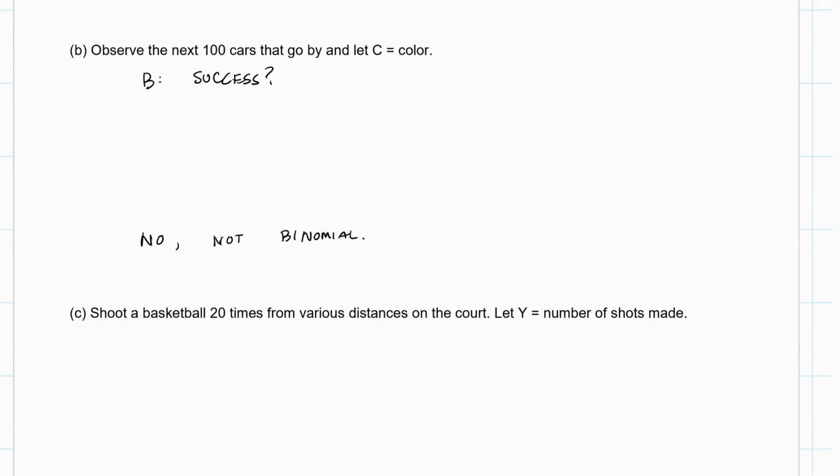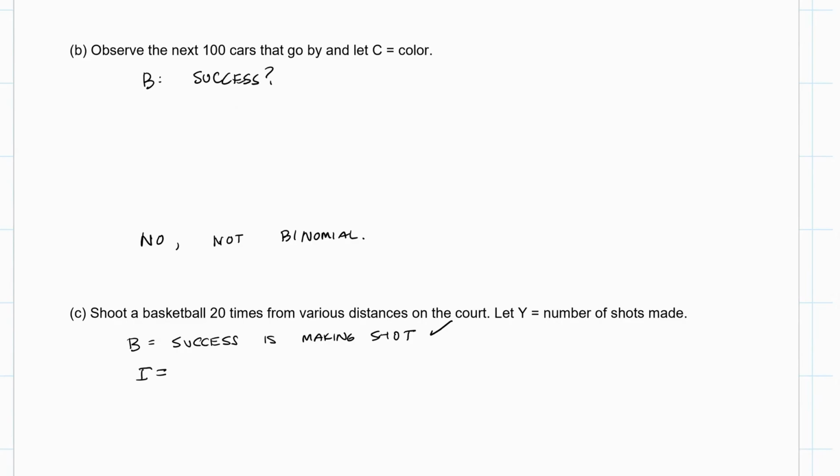Okay. Shoot a basketball 20 times from various locations in the court and let Y be the number of shots made. Well, are we binary? Yeah. Success is making the shot, and failure is otherwise. So we meet that criteria.